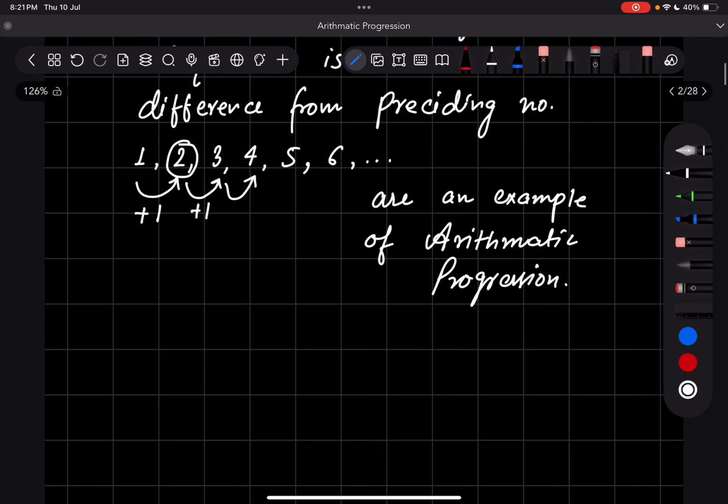Now, what are the things that we checked while considering a sequence to be an AP? We checked whether the sequence that we have been given has a common difference between its preceding numbers. Let us call D the common difference.